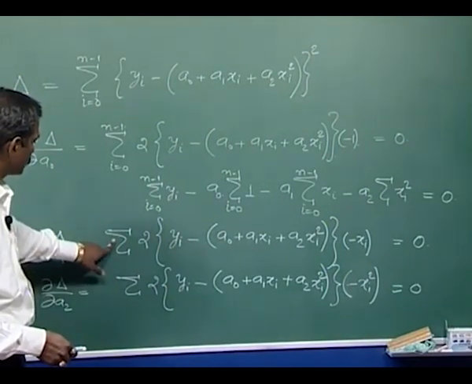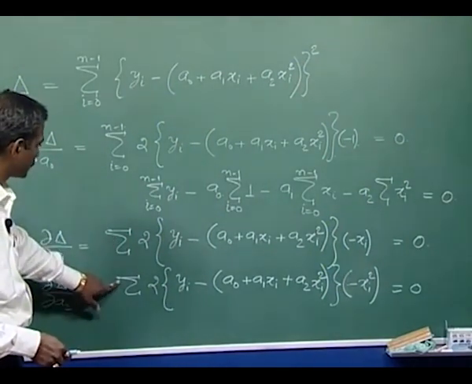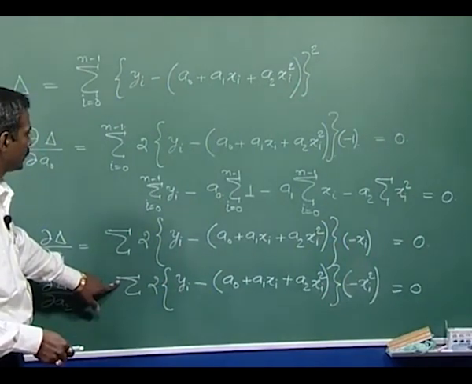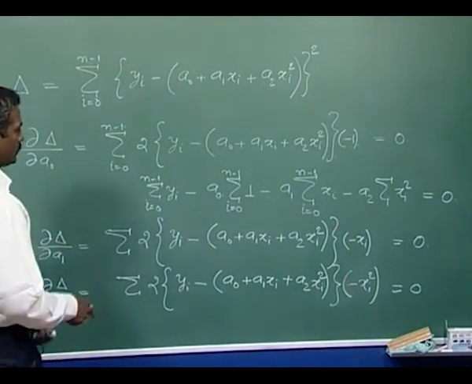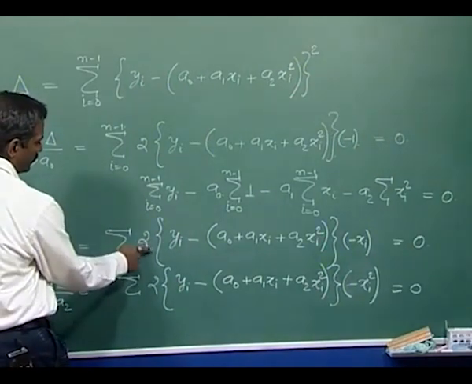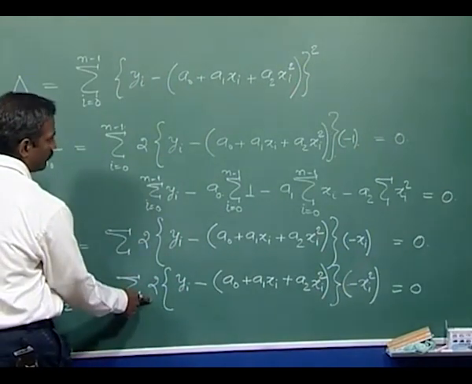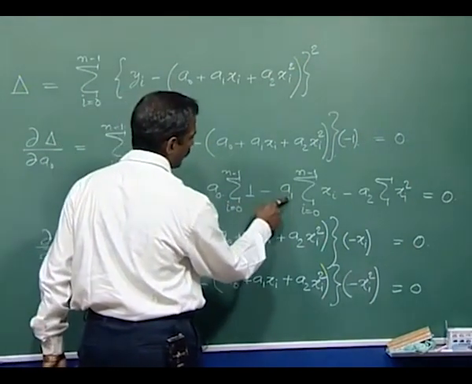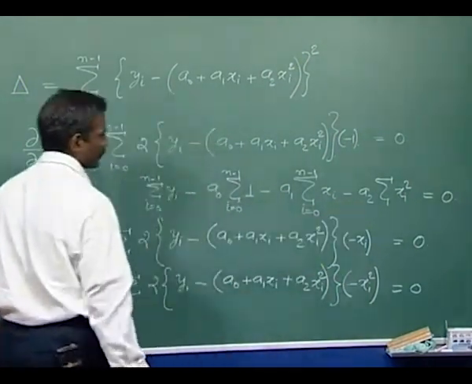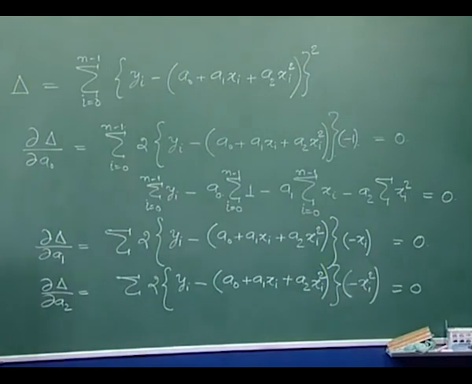And if you work out the second and the third equation, try to simplify them, you would notice that you'll have these 3 relations which are linear in the unknowns a0, a1, and a2. So it's a 3 by 3 system we're talking about, which is very easy to solve.